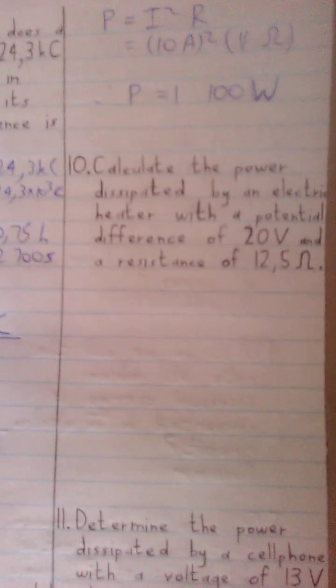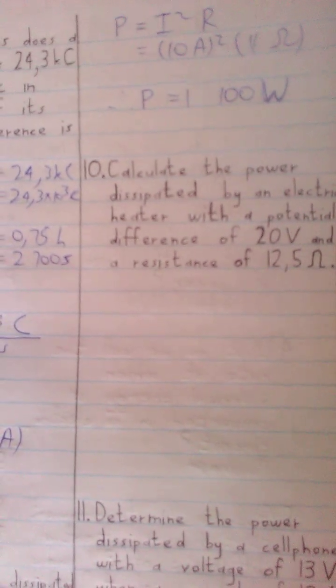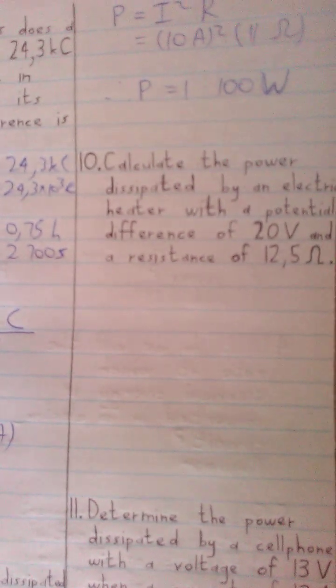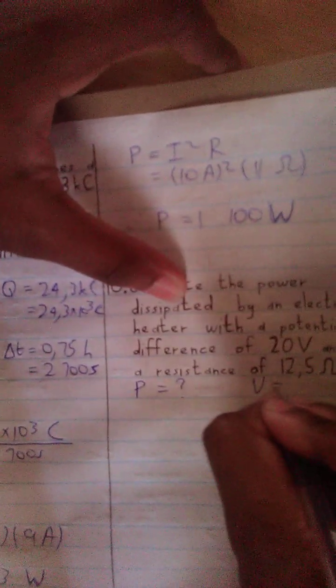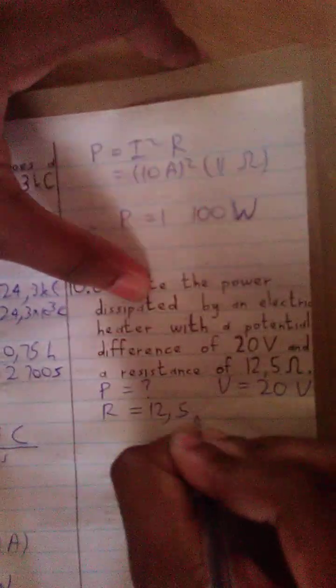Number 10. Calculate the power dissipated by an electric heater with a potential difference of 20 volts and a resistance of 12.5 ohms. Interesting. So once again, P is unknown. V is 20 volts. R is 12.5 ohms.